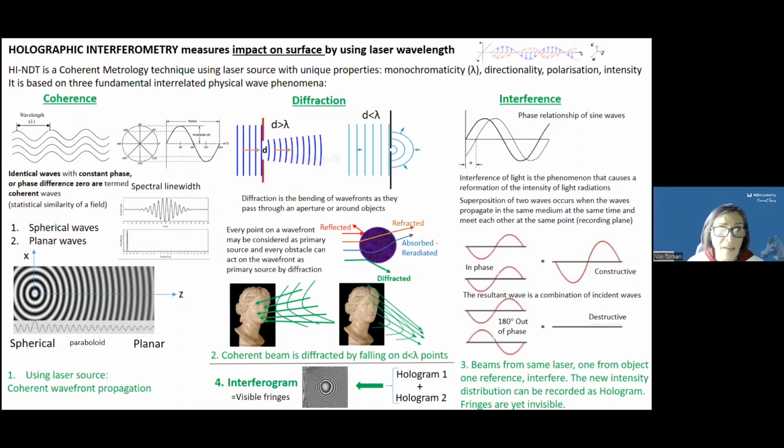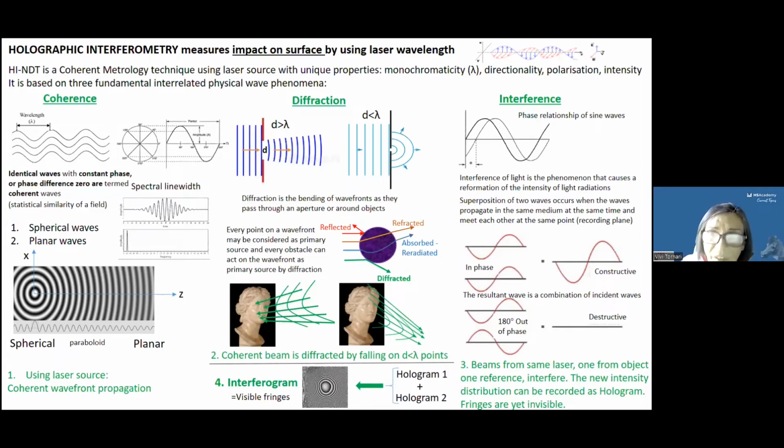And the interference phenomenon is very primal in this application, and it is that we can make the different waves that we need to create our image interfere one with the other.